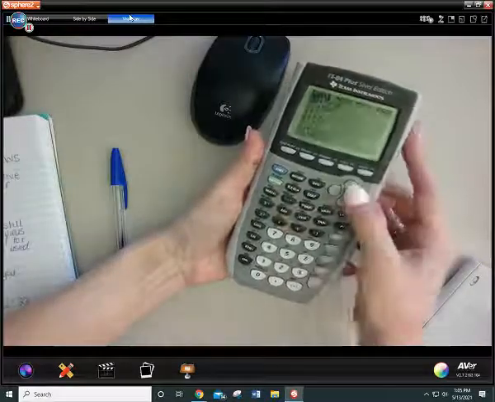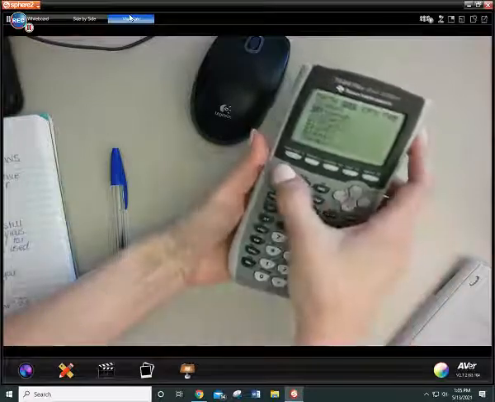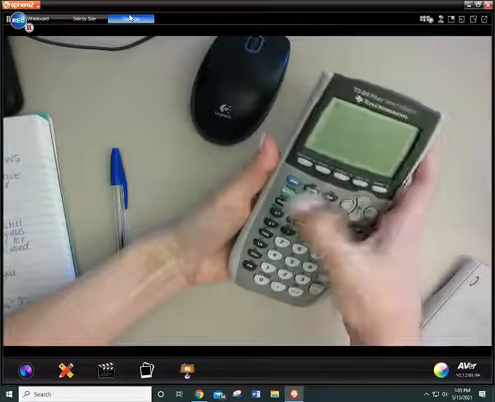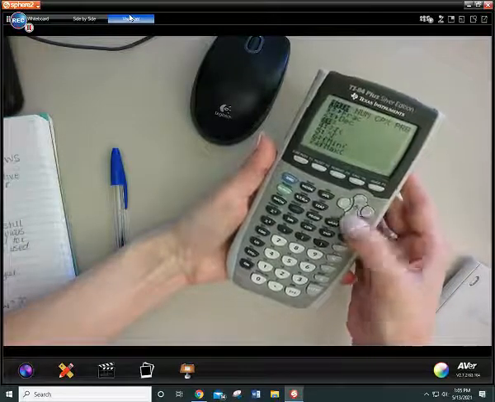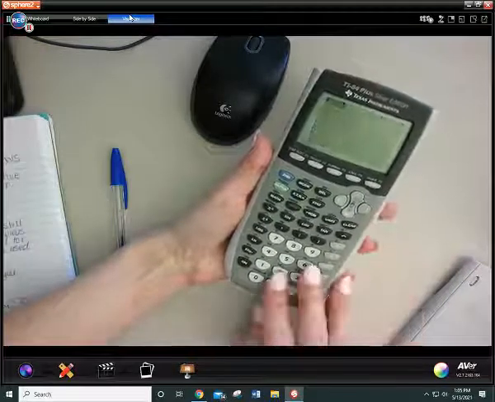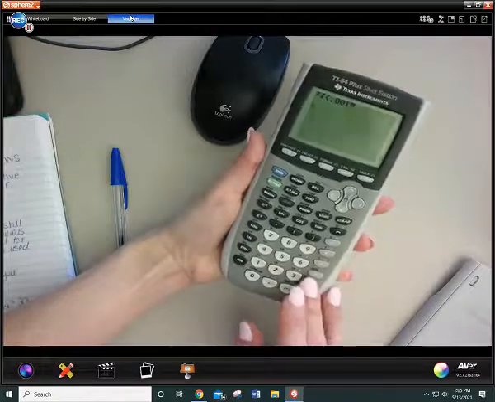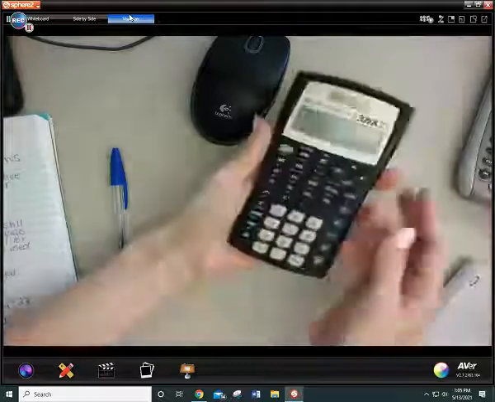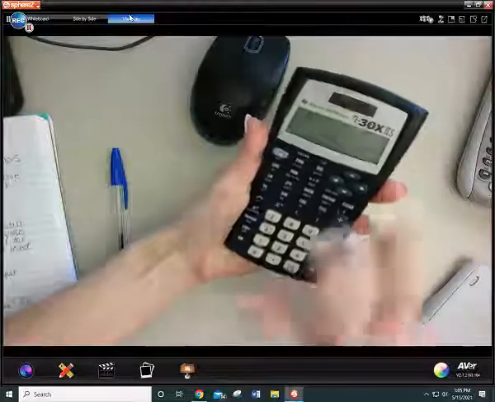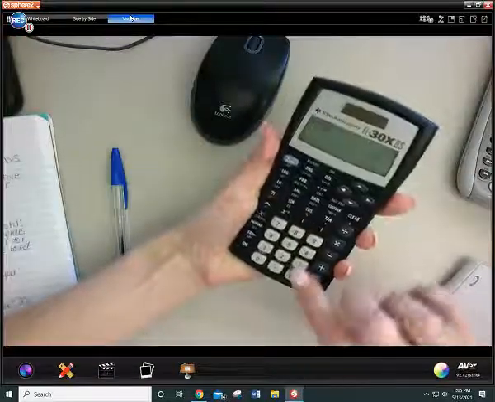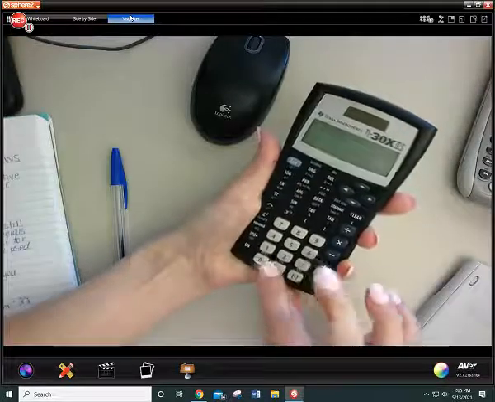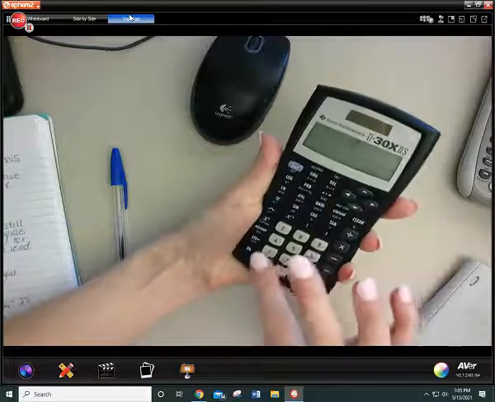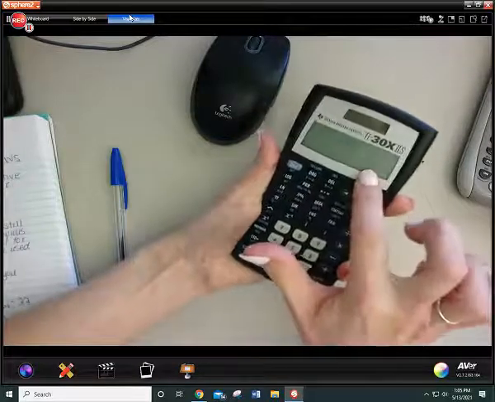Graphers, they can just hit math, and hit the cube root, and they can type in 0.001. I get just 1/10. Those of you that have this calculator, if you're going to type in a cube root, you're going to tell your calculator 3, and then you're going to hit second, and then your exponent. So it's saying the cube root of 0.001, and you get 1/10 as well.